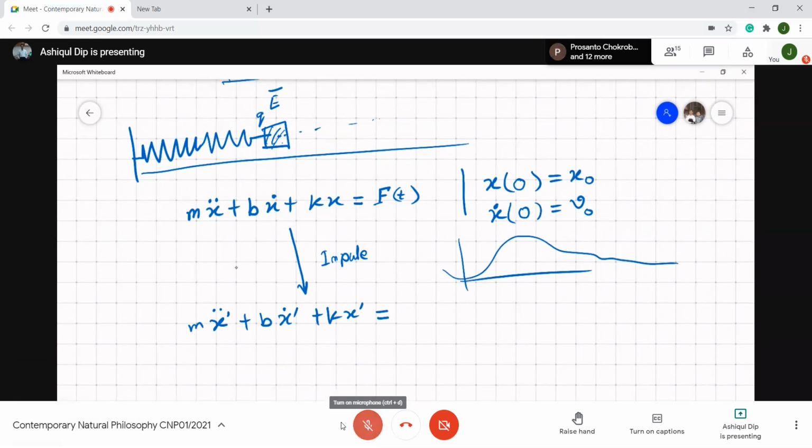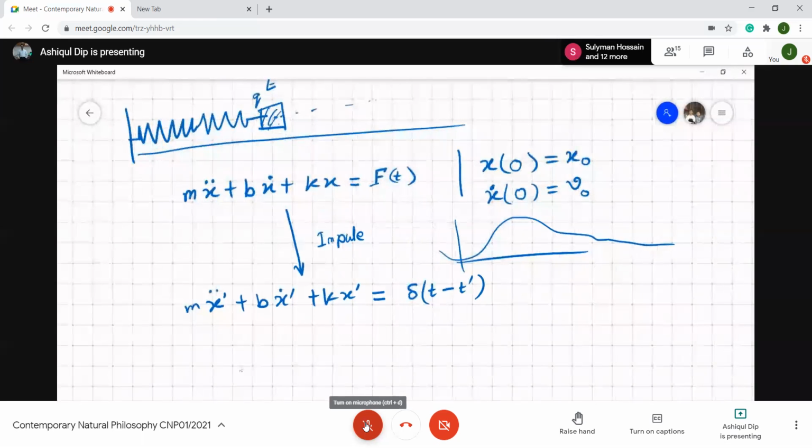So that is this: the impulse. The response to the impulse is this one. This thing is the impulse.